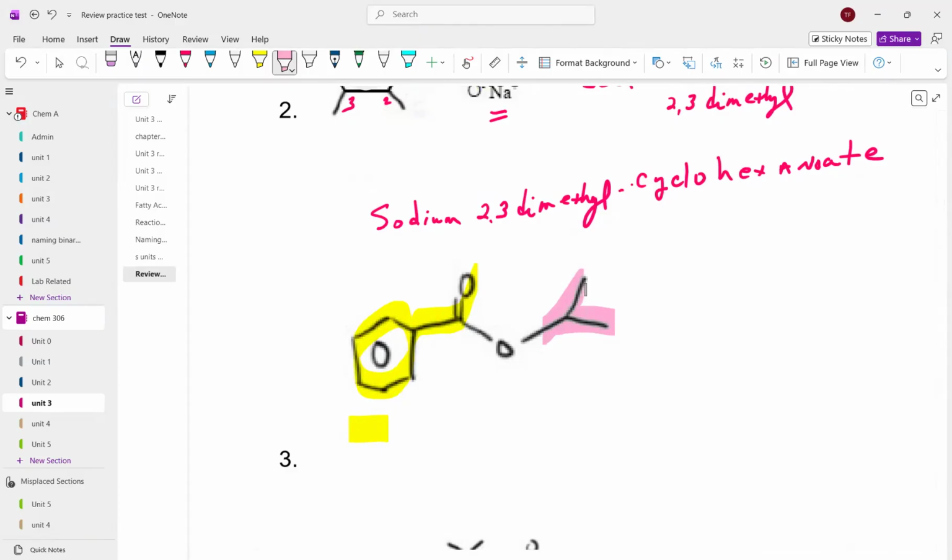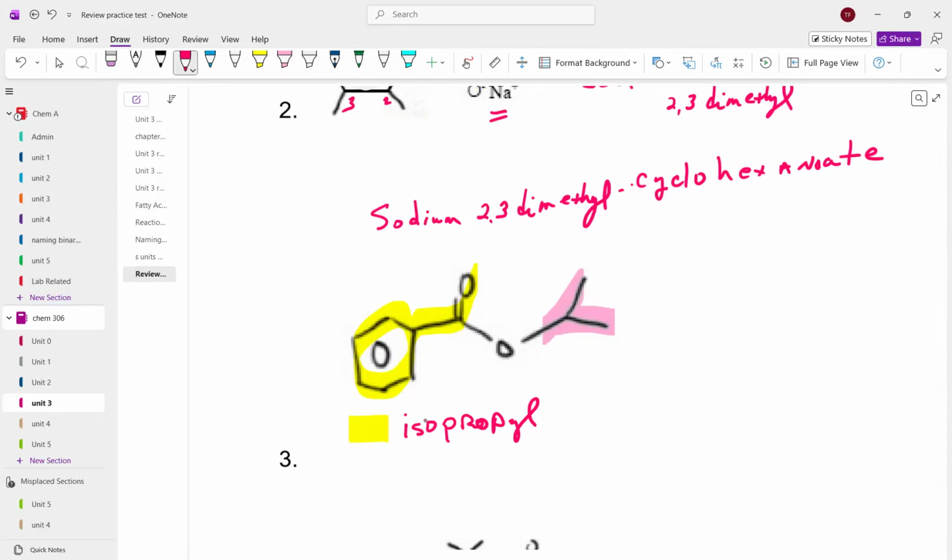Okay, so we named the alcohol side first. So this is going to be an isopropyl.